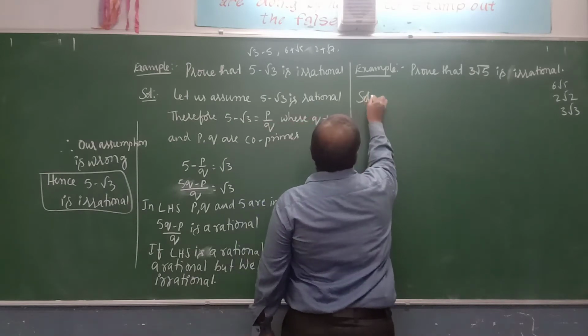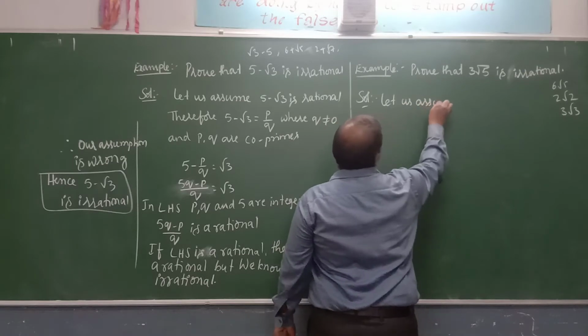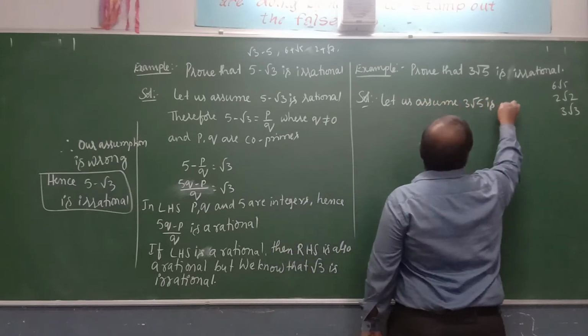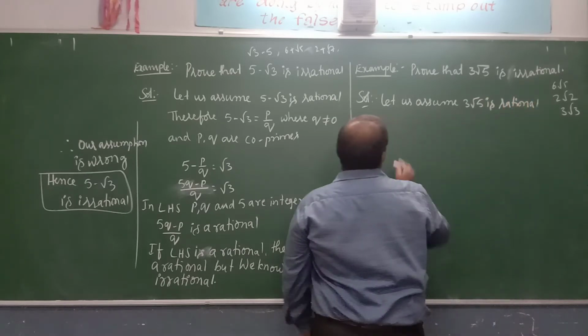Let us assume 3 root 5 is rational. It is not irrational means it is rational.